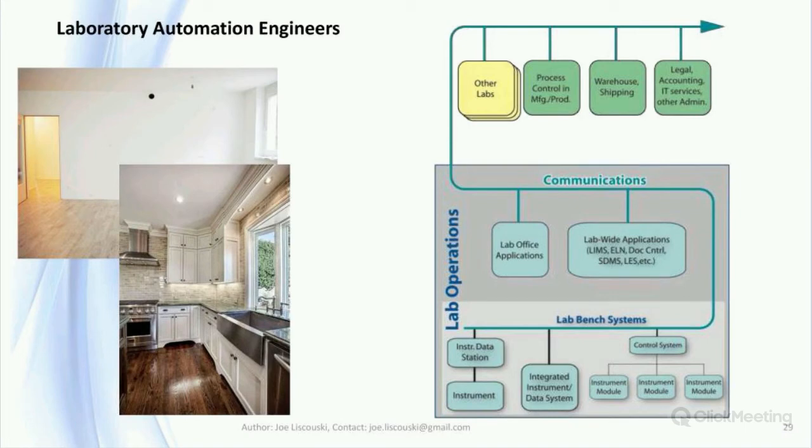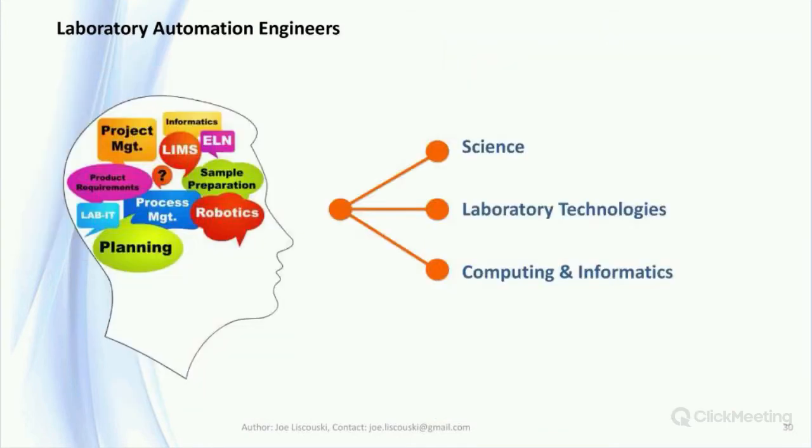The role of the lab automation engineer is to build on top of corporate informatics infrastructures and adapt them to the needs of laboratory work. In large organizations, the lab automation engineer may be part of a team. In smaller ones, they may be the team. From a technology standpoint, the lab automation engineer needs to understand science, laboratory technologies, and the computing infrastructure components.